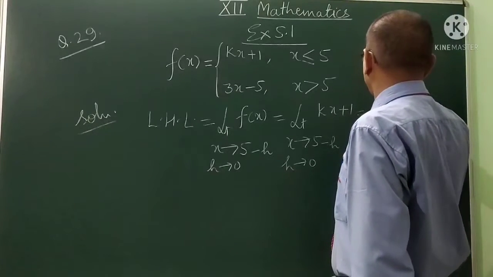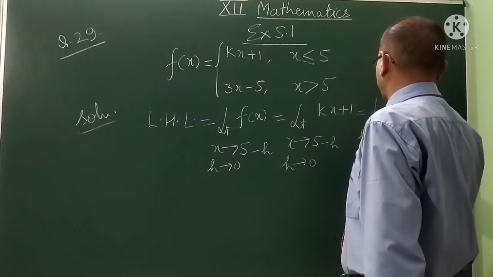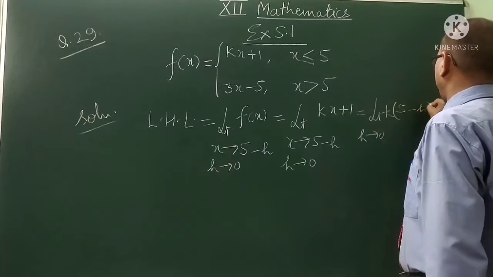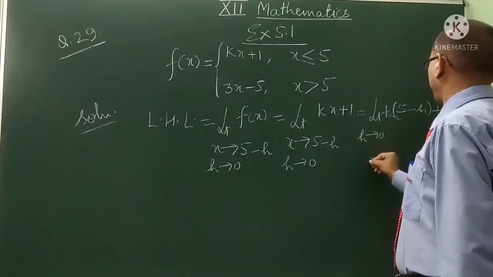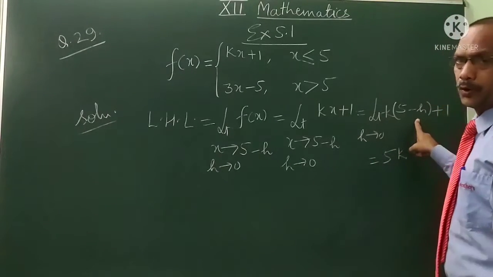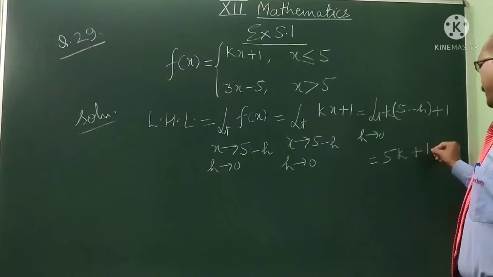Then limit h tends to 0 of k(5 minus h) plus 1. Then h is 0, so it is 5k plus 1.